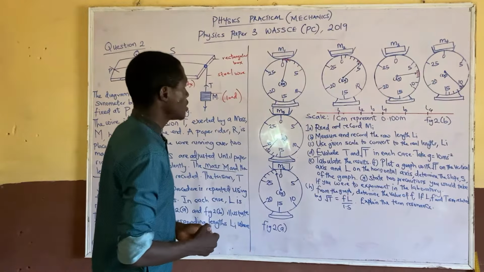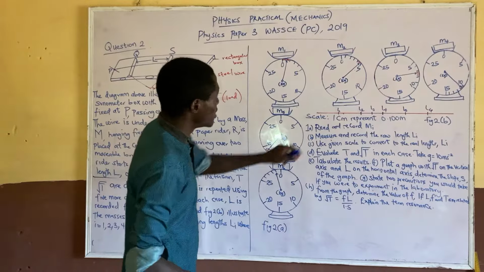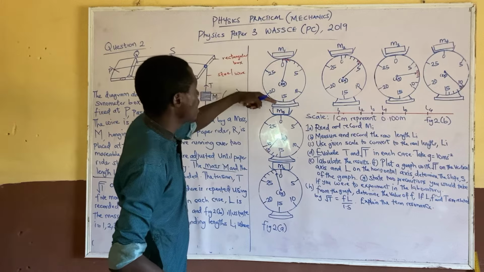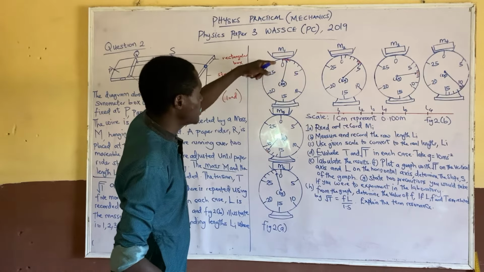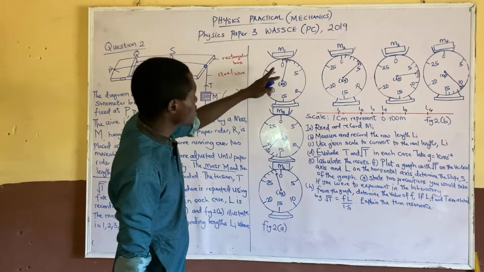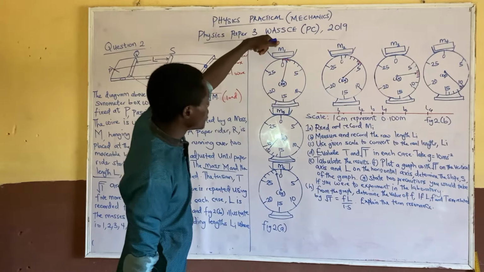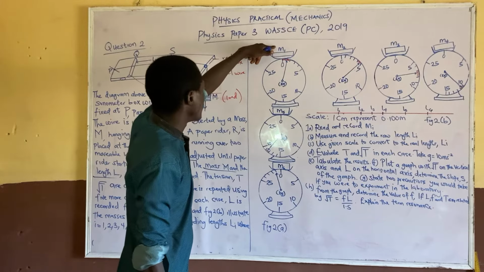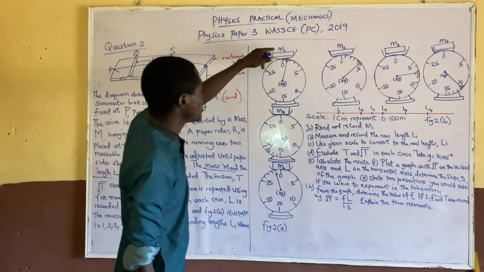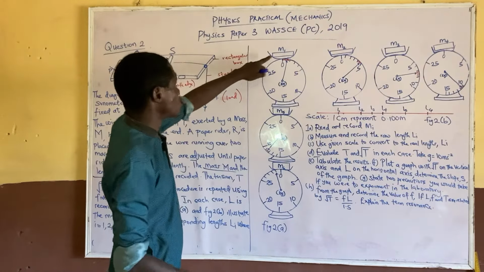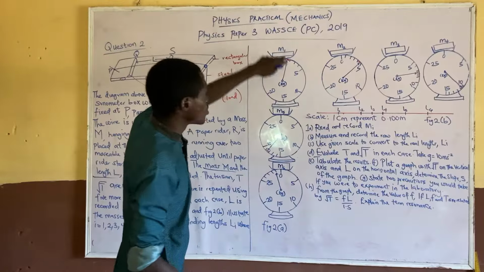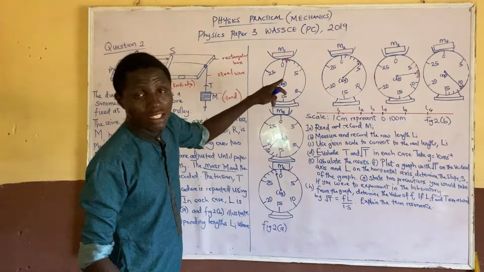The first thing the question is asking us is to read and record Mi, that is the mass. As you can see, this is a weighing beam, and this is the mass of the object attached to this string, which was weighed on a weighing beam.